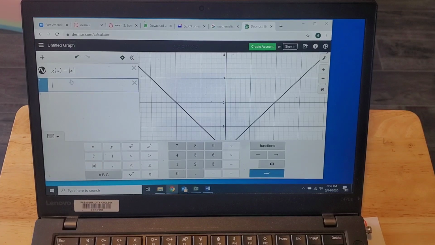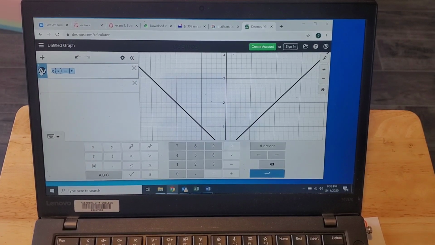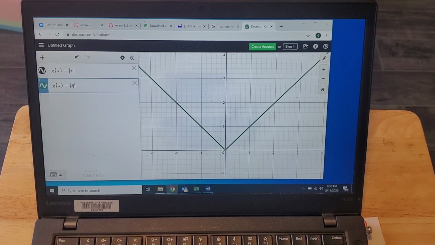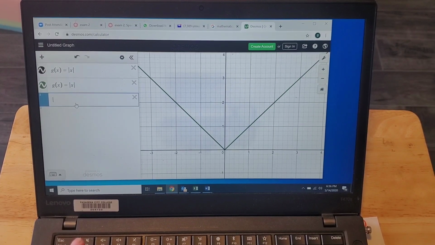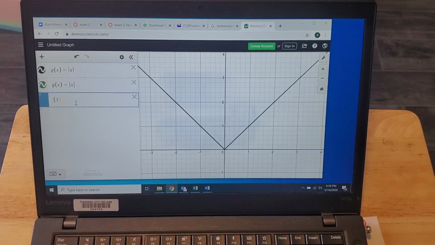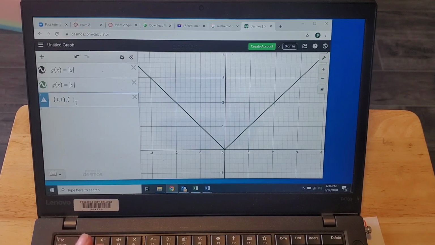But the same thing's going to happen if I have a 2 inside of here. Let's say I put a 2 inside. Everything's happening inside. Let's say I use the point 2, 2.